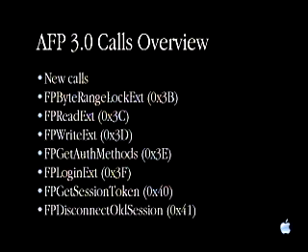The get auth methods and the login extended are to support directory services. It allows you to query a directory node for the authorization types that it supports. The login extended allows you to specify the directory node you're logging into.